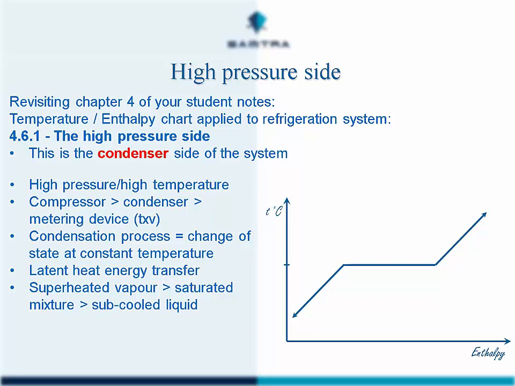If we look at chapter 4 of your notes, 4.6, you can see we are having a look at the components diagram, the 4 components diagram, and then we have the corresponding temperature enthalpy chart. So the condenser is on the high pressure side, and in the condenser we have condensation taking place. Alright, so this would be a vapor changing to a liquid.